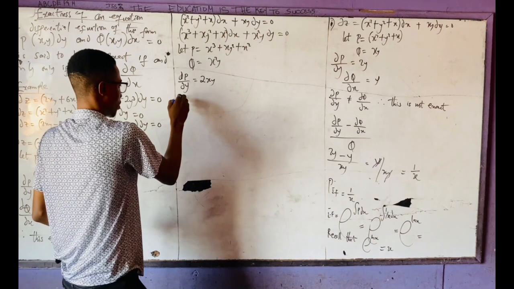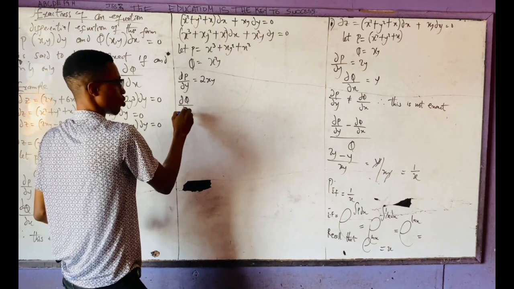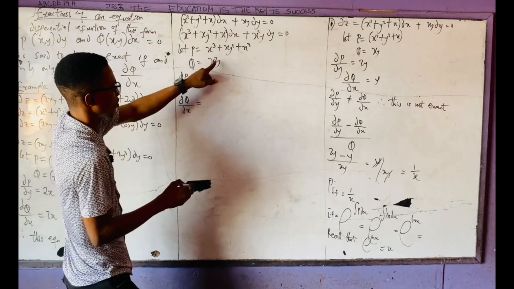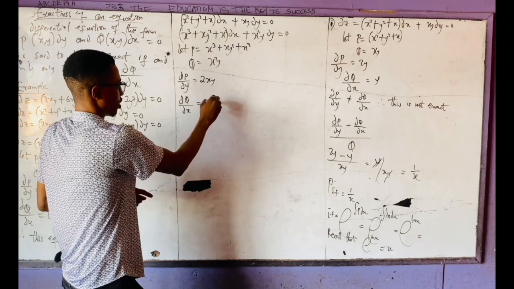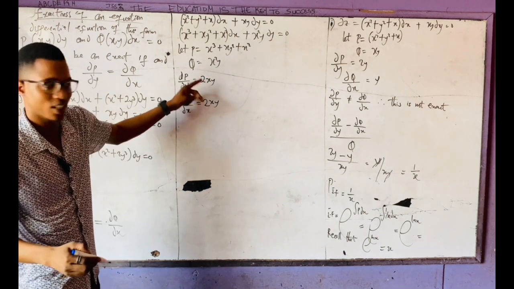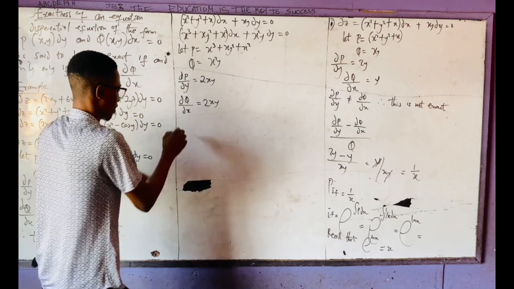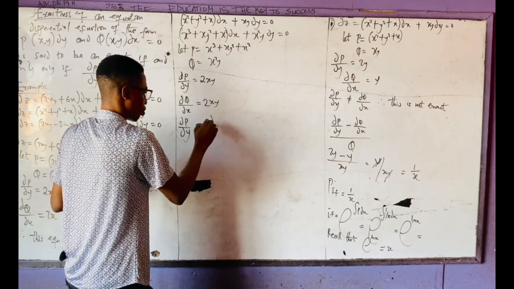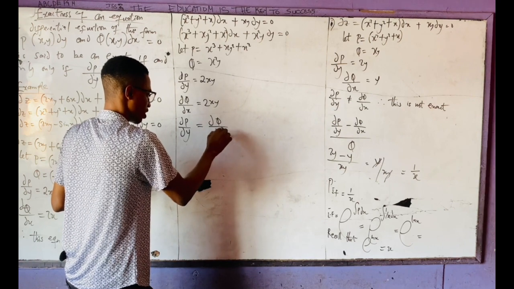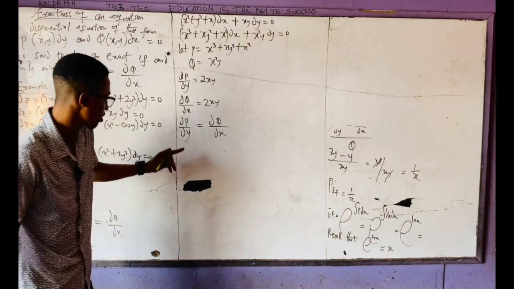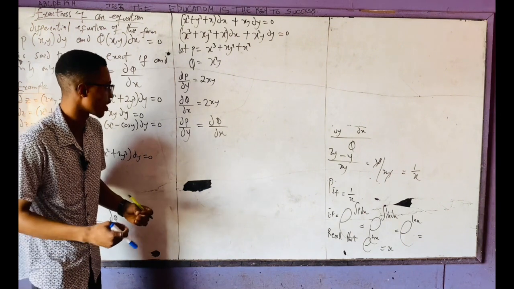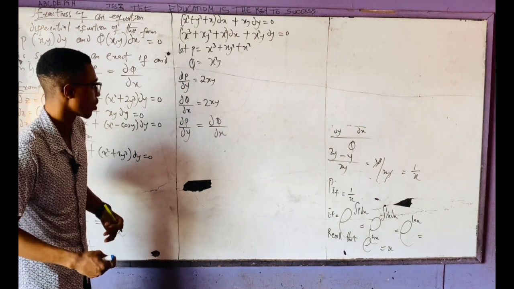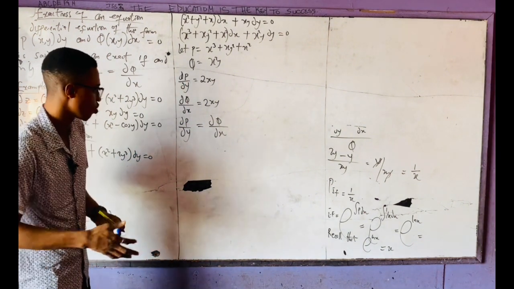At the same time, if I differentiate q with respect to x, I'm going to have 2xy. So as you can see, the equation is exact because dp over dy is equal to dq over dx.